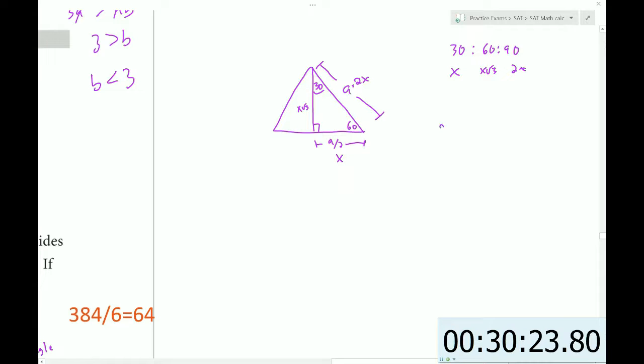So if 2x is equal to A, then x itself is equal to A over 2, which we can also see from this, and therefore x rad 3 would be A over 2 rad 3. So that's an expression for the height of this equilateral triangle.